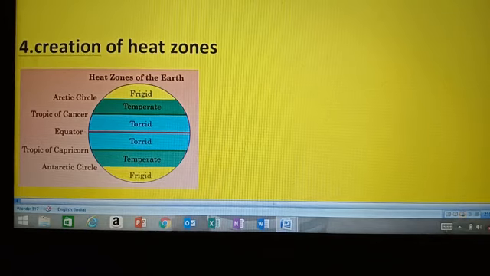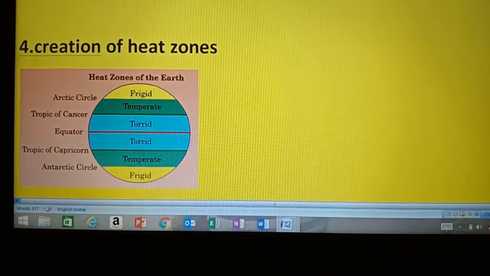Like in the case of the equator, it receives the vertical rays, that is why it's very hot. And the slanting rays are received by the polar regions, that is why they receive very less amount of rays. Due to this differential heating, on all the places of the earth, the seasons occur.